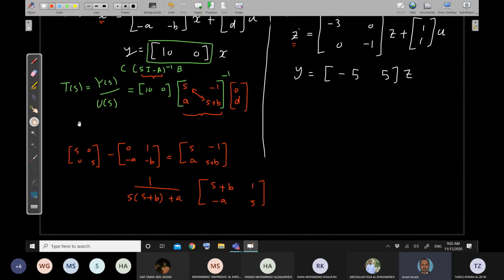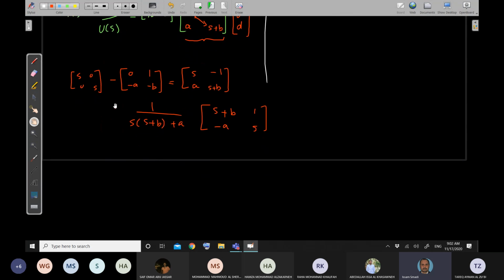Of course, I think you are excellent in multiplication of the matrices. If I do the math, I will get the transfer function, which is 10D over S squared plus BS plus A. This is the first transfer function.